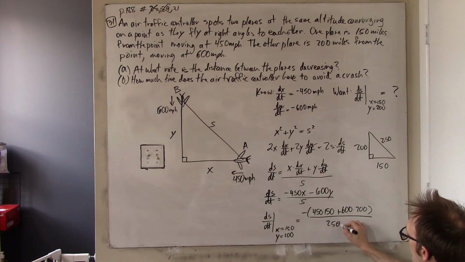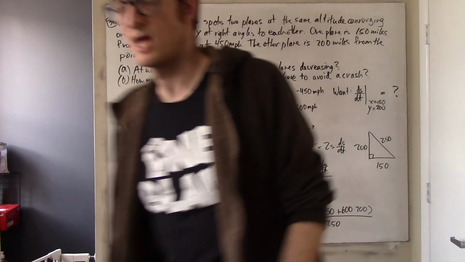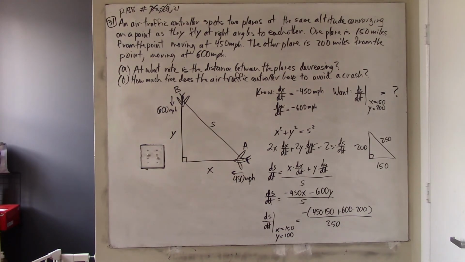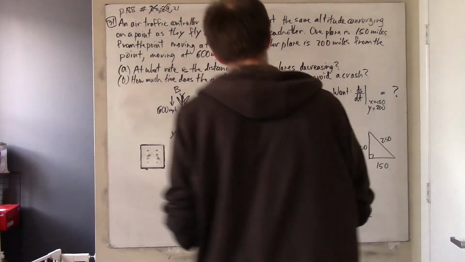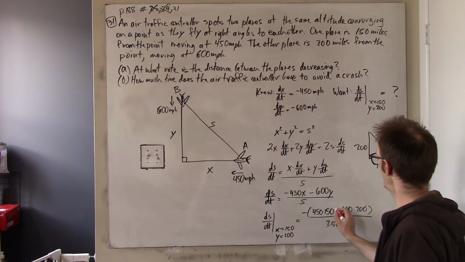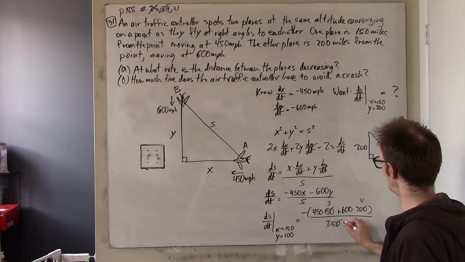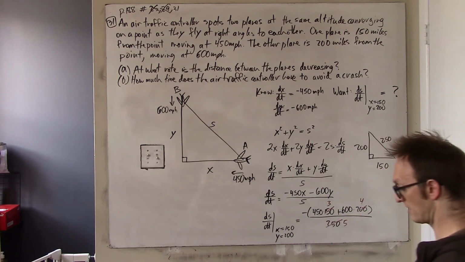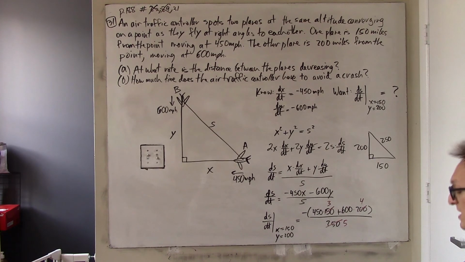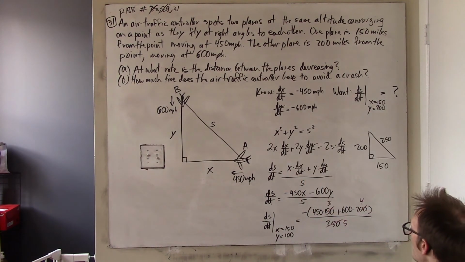Okay, and so being smart about my simplifications, I guess I can take a 50 out of the top and the bottom. If I take a 50 out of all three of those, that's 3, that's 4, that's 5. And maybe then I can even take a 5 out of the 600 and the 450. That's maybe a good idea.